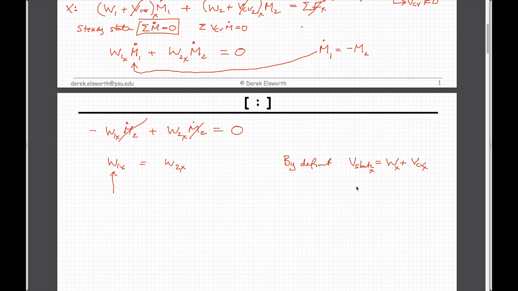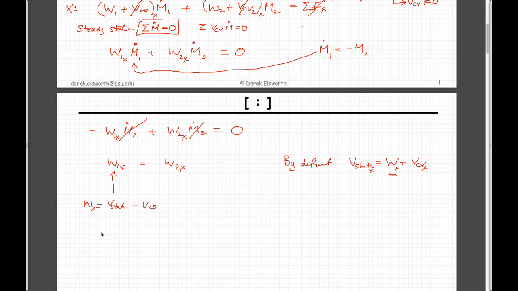So what we could do is rearrange this so that we write it in terms of this, which is just Wx is equal to the velocity static minus the velocity of the control surface. This we can also write in the same way.